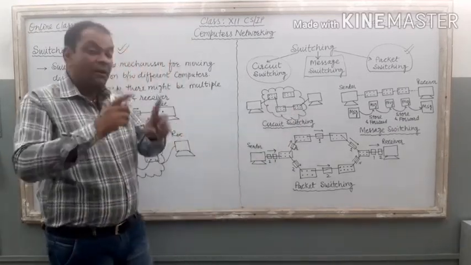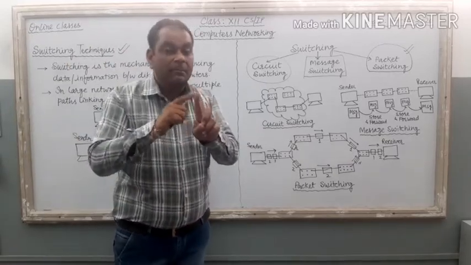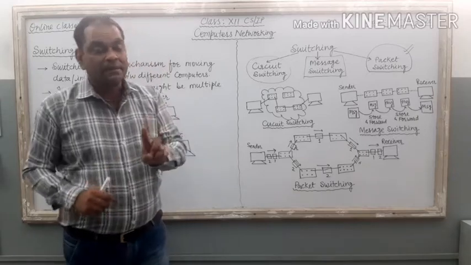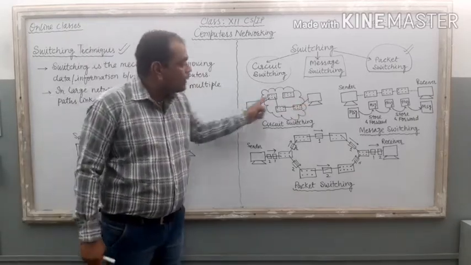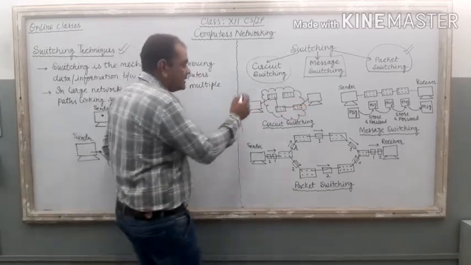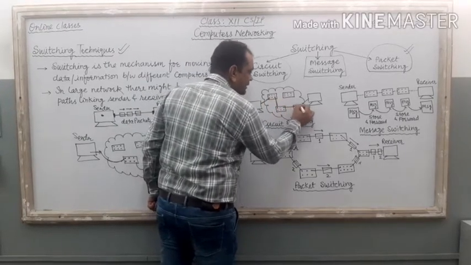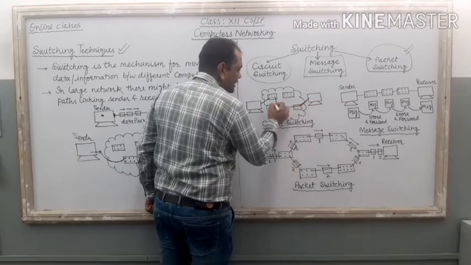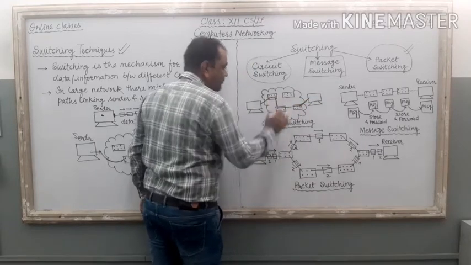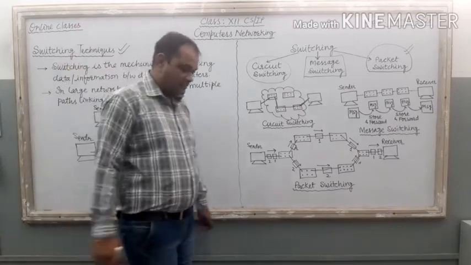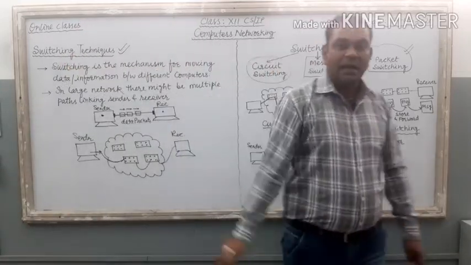In circuit switching, very first the circuit will be established. Circuit means a physical circuit will be established in between two computers. Here, the circuit is this one. This computer connects with this switch, then this switch, then this, then this. It is the circuit that is available in between these two PCs. So first task, circuit establishment.